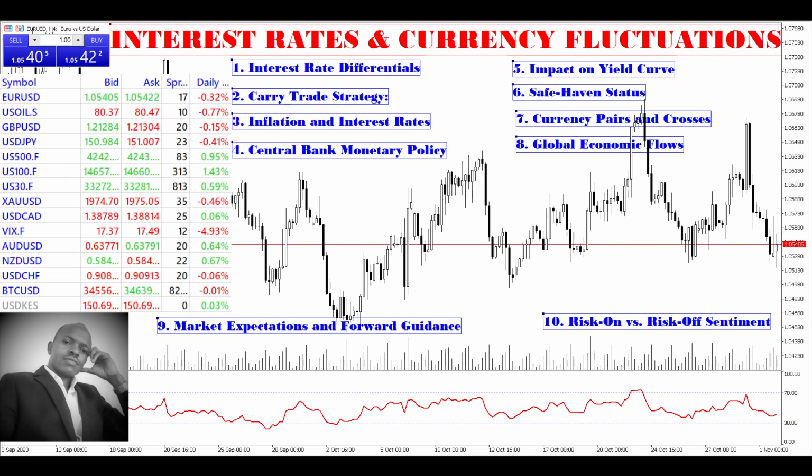Interest rates are a fundamental driver of the foreign exchange market. Changes in interest rates and monetary policy decisions by central banks have a profound impact on the value of currencies. Join us as we present a detailed perspective on how interest rates affect the forex market in general.